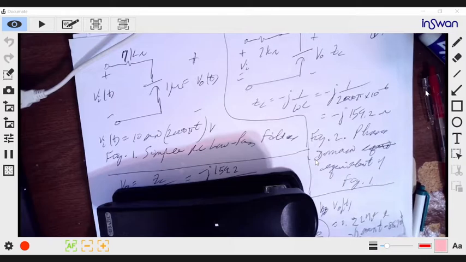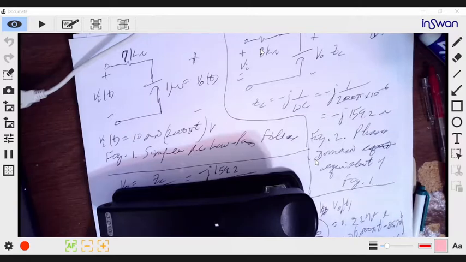V out equals negative J 159.2 ohms over 7,000 minus J 159.2 ohms times 10 angle 0.